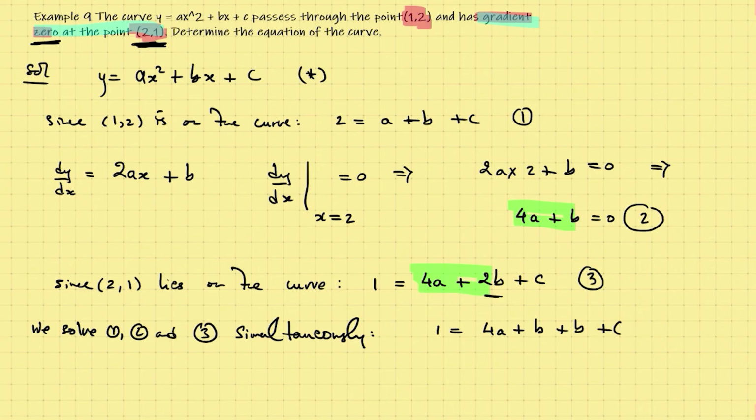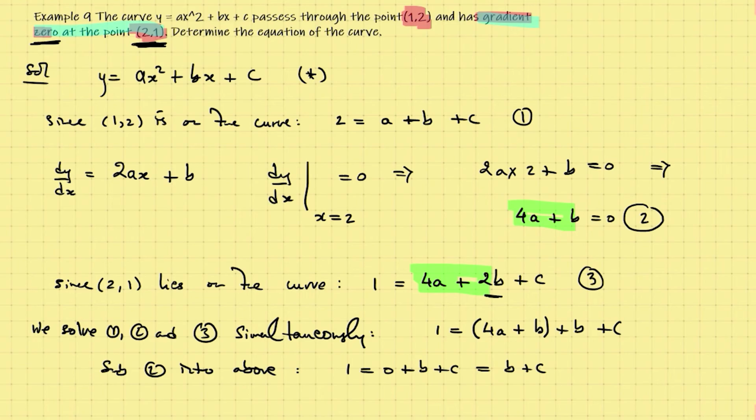And now that part there is the same as what my equation 2 tells me, right? So I can substitute 2 into above. When I do, I get 1 is equal to 0 plus b plus c, right? In other words, b plus c is 1.